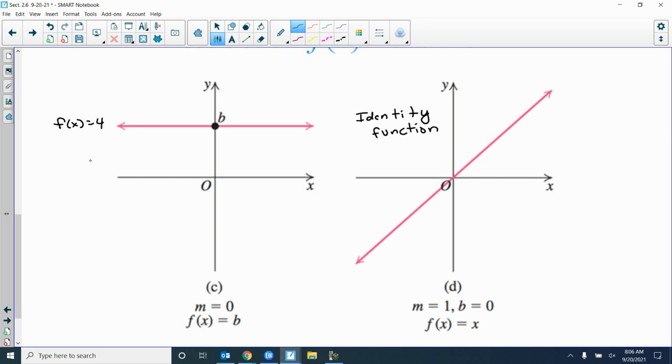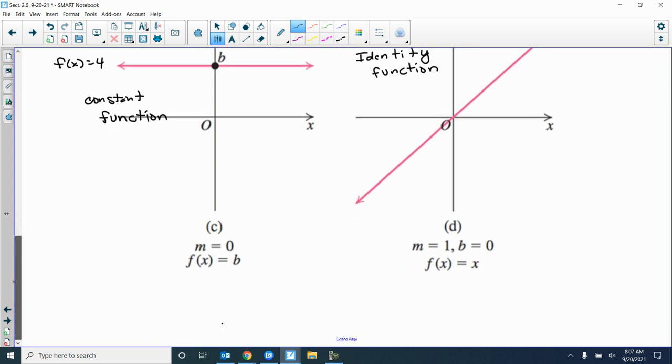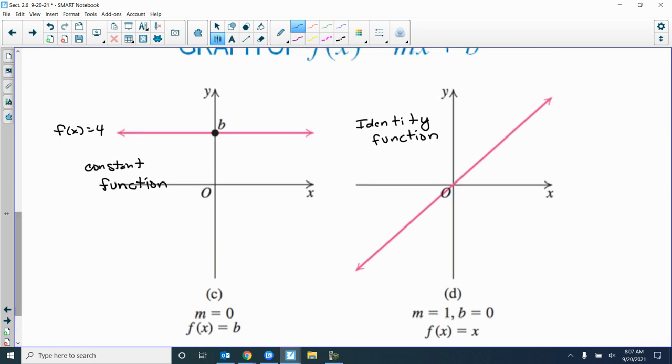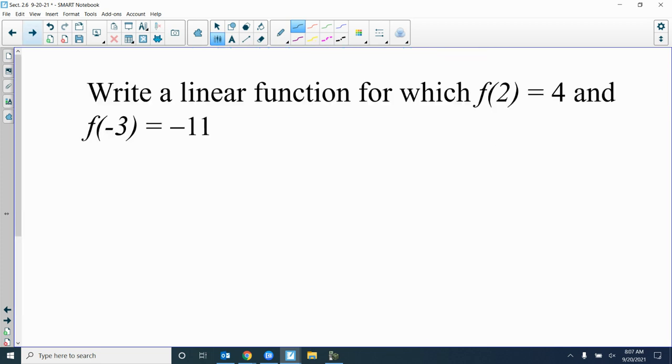And then over here, this is the constant function. So those are basically your 4 cases. Now the identity function is just another version of, it has a positive slope. Okay, it looks just the same.